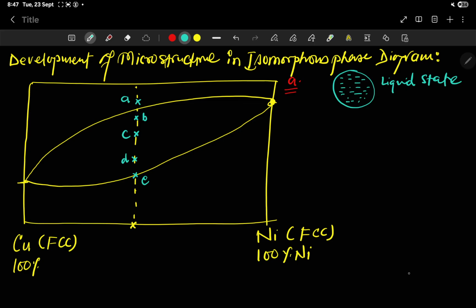It will be liquid state. Okay, and at point B what is going to happen?